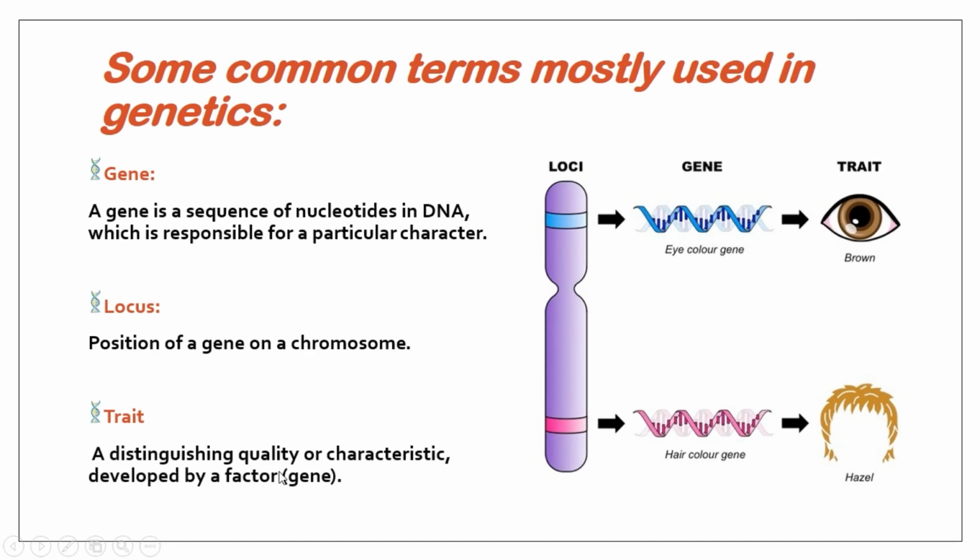Trait is a distinguishing quality or characteristic developed by a factor. For example, this gene is carrying characteristics of brown eye color, and this gene is carrying characteristics of hazel hair color. So, the specific distinguishing quality, which is brown and hazel, is actually the trait.